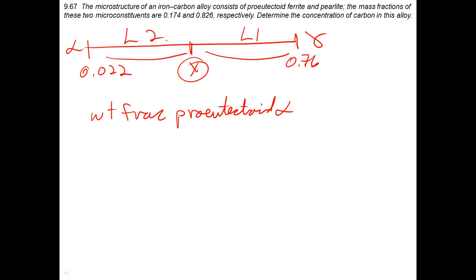Defining the lengths on either side of that unknown system composition as L1 and L2, I can calculate the weight fraction of the proeutectoid ferrite, L1 divided by L1 plus L2.